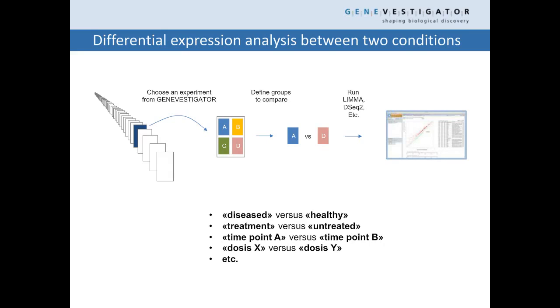You can do different types of differential expression analysis, like diseased versus healthy, or a treatment against untreated, or a time point A versus a time point B. Or you may compare different doses inside an experiment, etc.